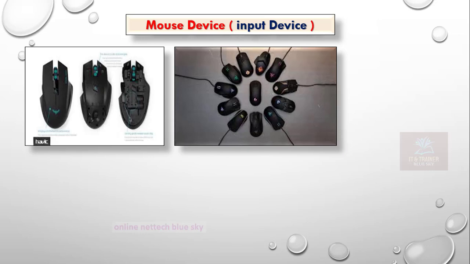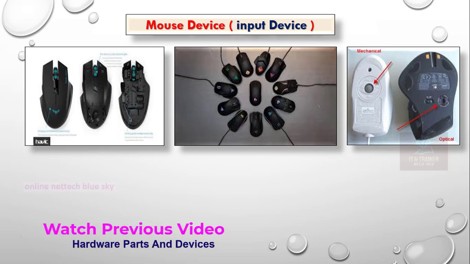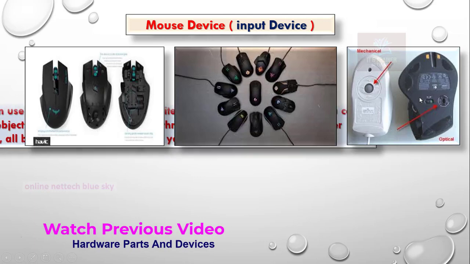So the mouse controls the whole system. Old generation mice were mechanical, but after that optical mice were created. I will discuss how they differ and how they work, one by one.